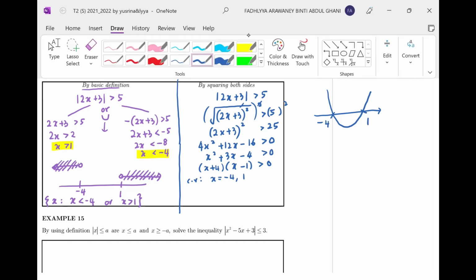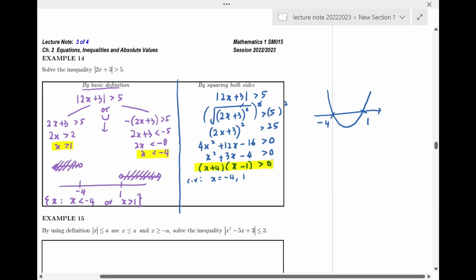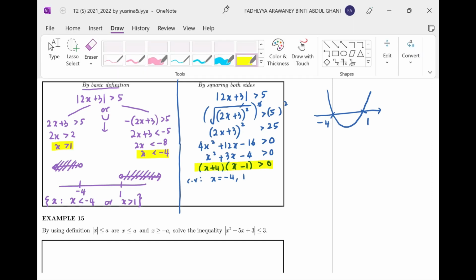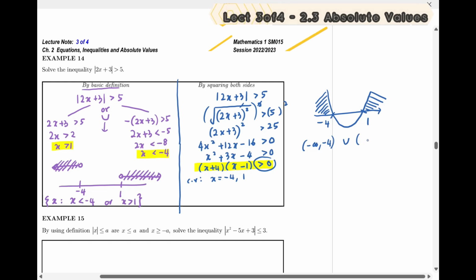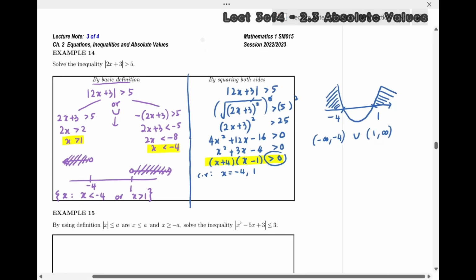Highlighting my last inequality, I want it to be greater than 0, which means I'll take the one above the line. So we have two answers here. In interval form, from negative infinity until negative 4, open, and the other one is from 1 until infinity. The same answer, but in different forms. So we are done with example 14.